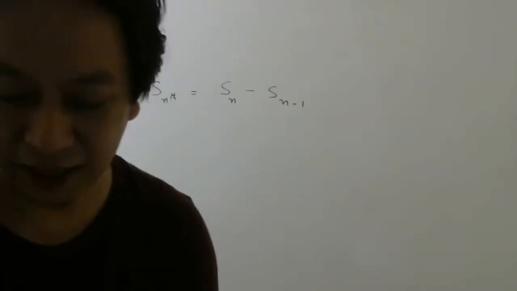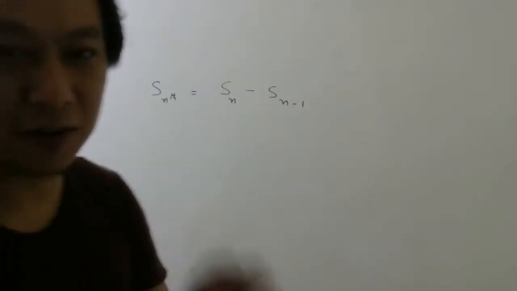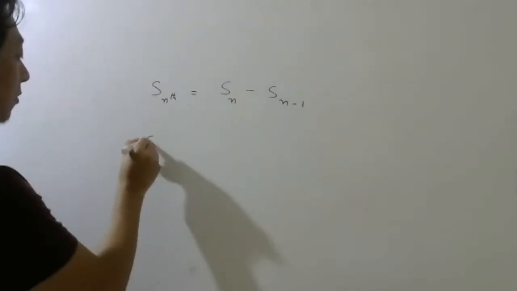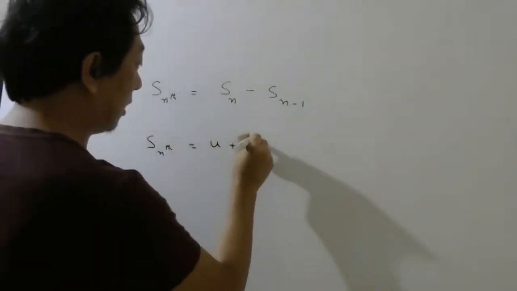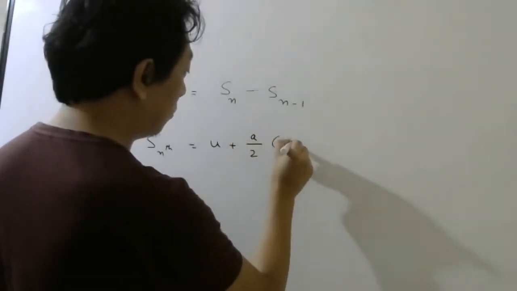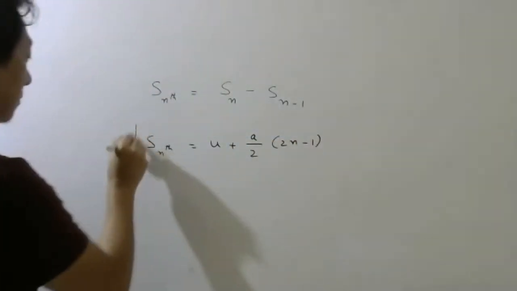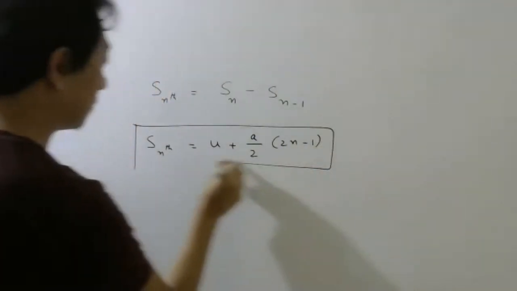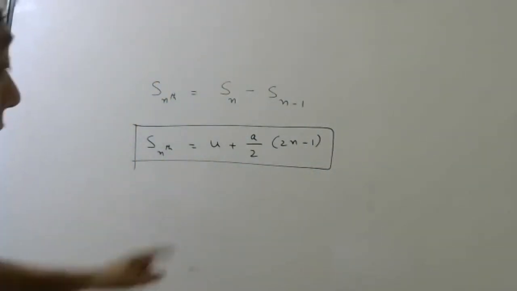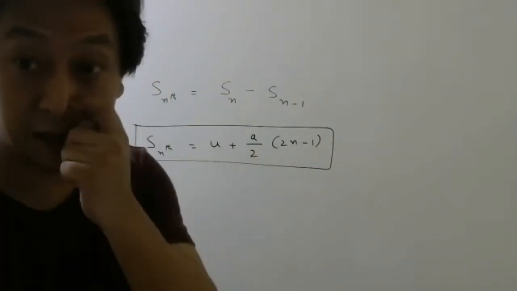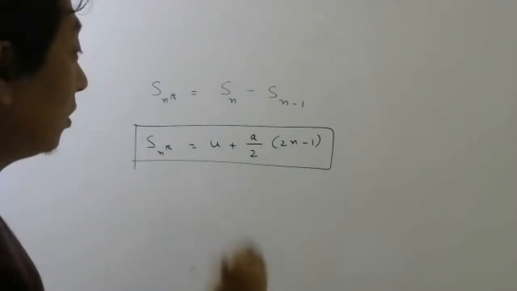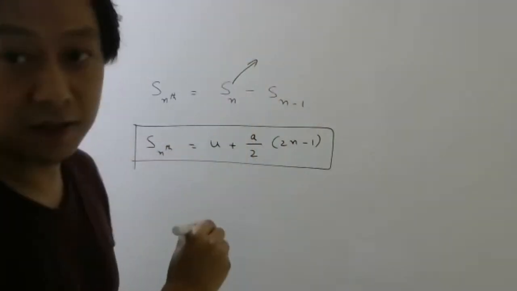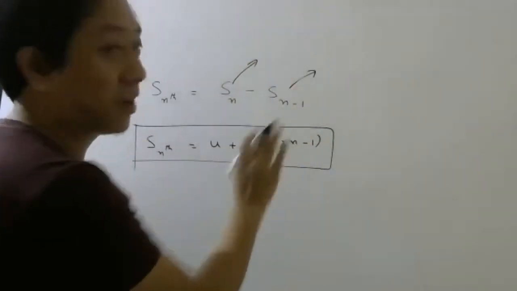So little lengthy derivation was there, but easy only. After doing that, what formula we got? u plus a by 2, 2n minus 1. So if you can remember this formula, then directly you can find distance traveled in nth second. You don't need to find this first, then this, and then subtract.